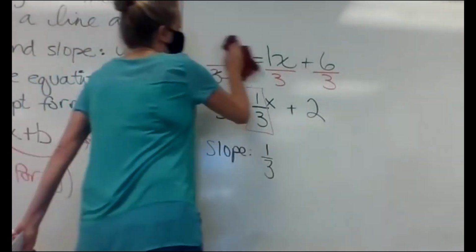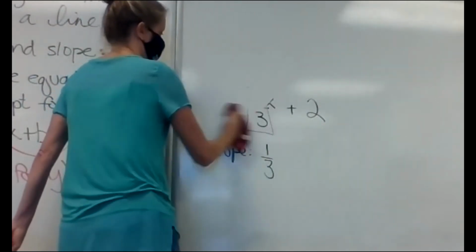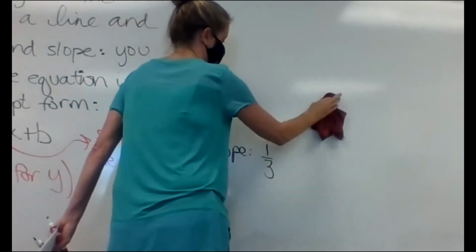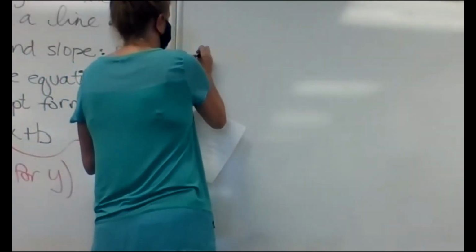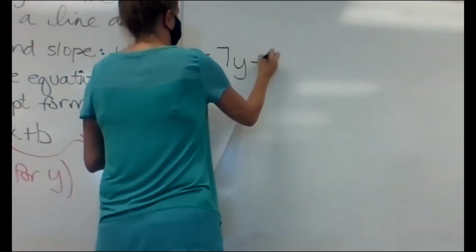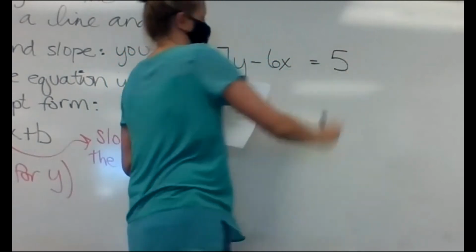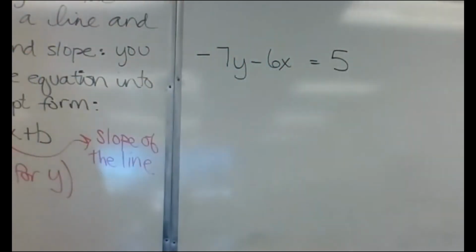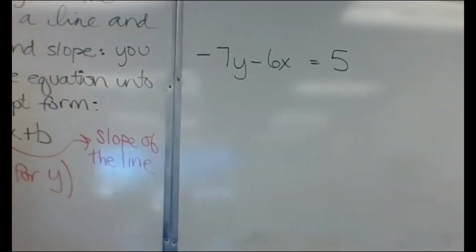Number 13. Negative 7y minus 6x equals 5. I got some work to do in order for this y to be alone.